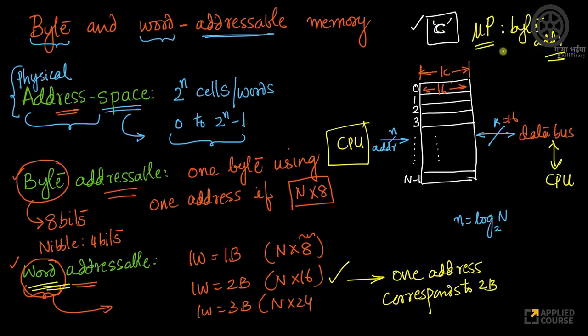I can allocate 1 character. In this case, let's assume my CPU is a 16-bit CPU, which means the address is going to be 16 bits. And let's assume my memory also has a 16-bit word size.